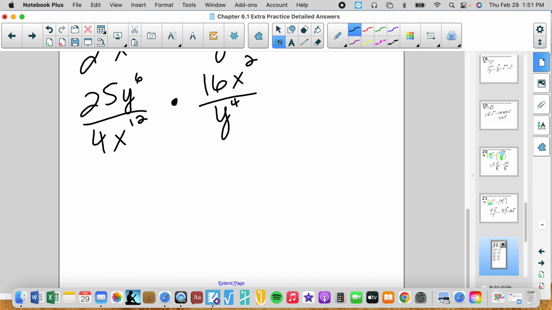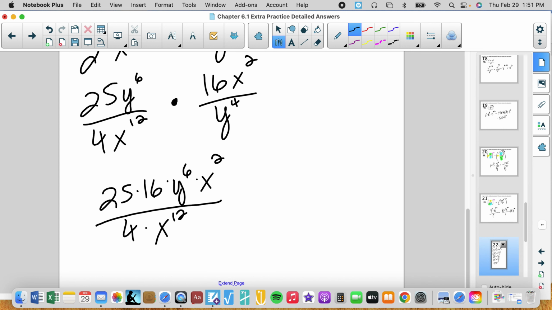Now let's multiply. Let's put those all in the same place. So we have 25 times 16 times y to the sixth times x to the second over 4 times x to the 12th times y to the fourth. Things in the numerator go in the numerator. Things in the denominator go in the denominator. I'm going to cancel those. So I have 100.